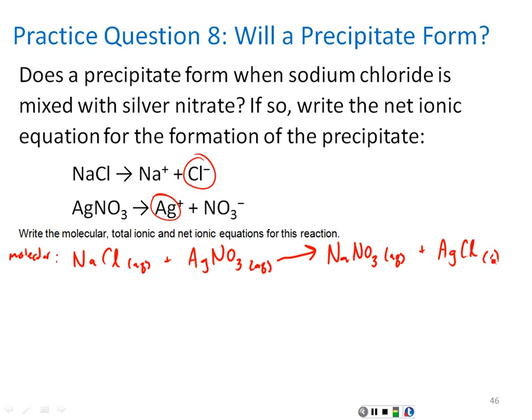Next step would be writing the total ionic. And in this, we just break apart the complexes that are in the molecular equation.